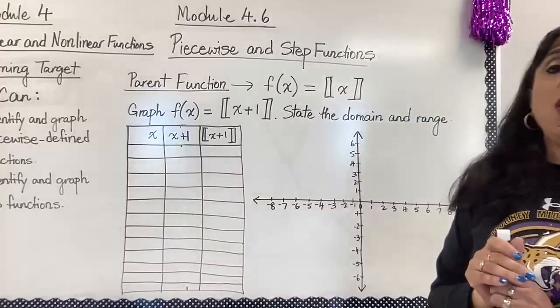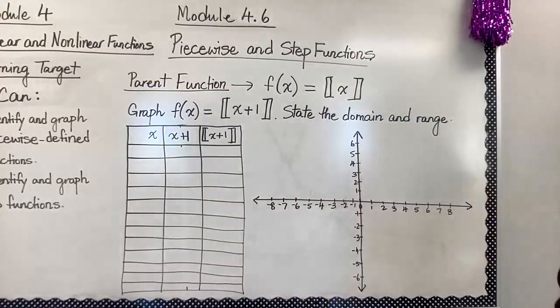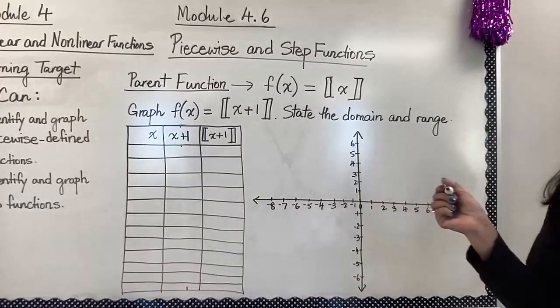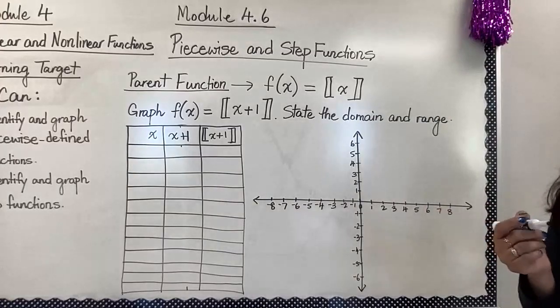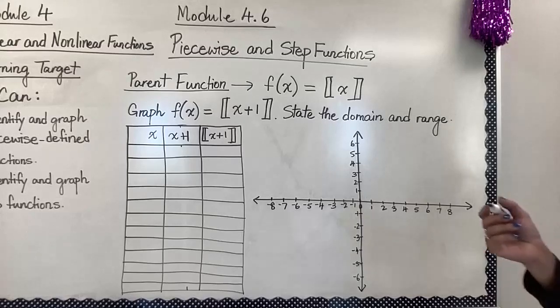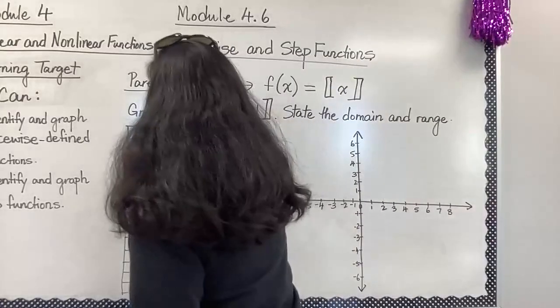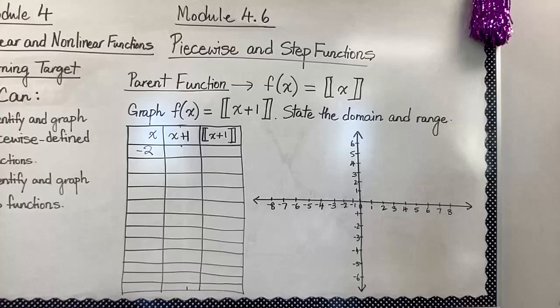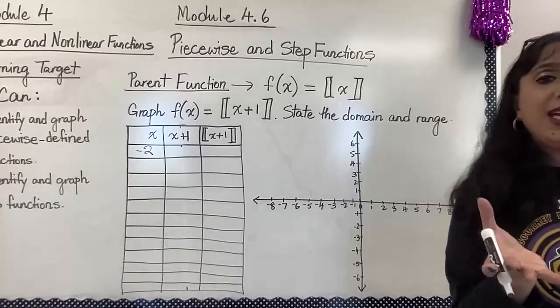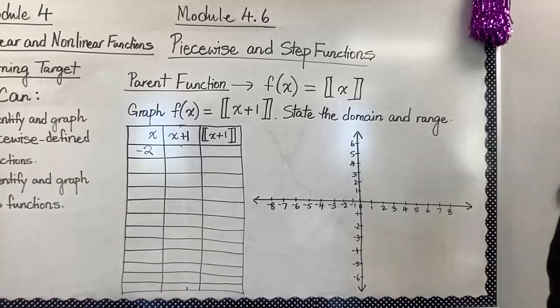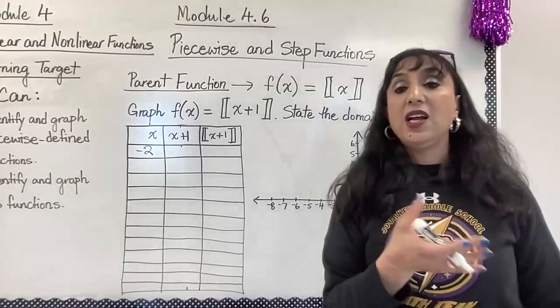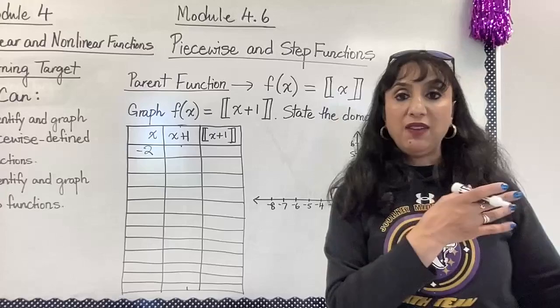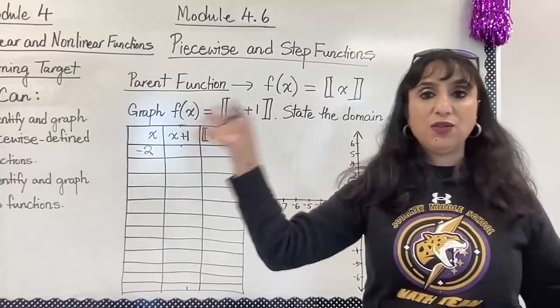Okay, so what I'm going to go ahead and do, I am going to start with some negative values, and then I'll go to positive. So I am going to start with -2, but I'm also going to give myself a few values that are between the integers. So we know that the integers are like the whole numbers, -2, -3, and then on the other side 0, 1, 2, 3, 4, right?